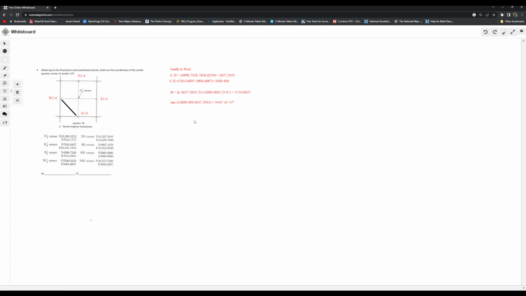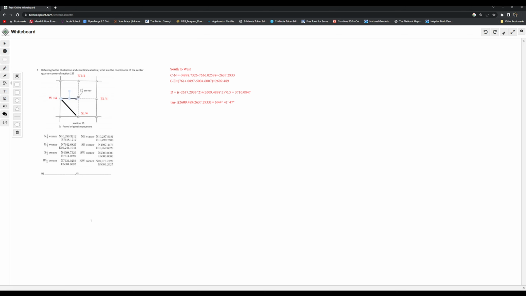So now that we have the bearing for this line and the distance, we now need the bearing for the north line because we're going to make a triangle. So I'm going to show basically what we're trying to do. We're trying to make a little triangle here.